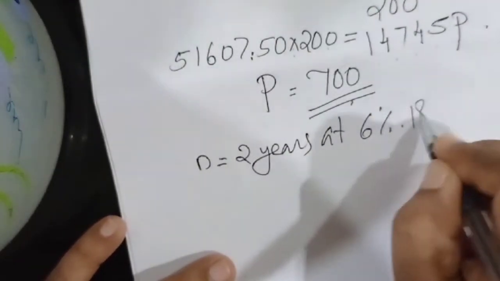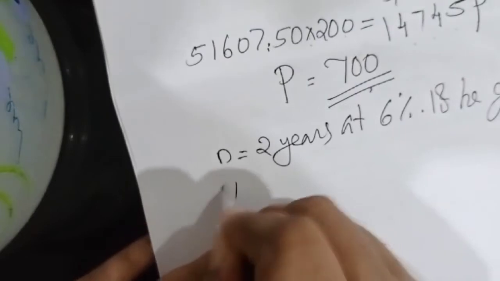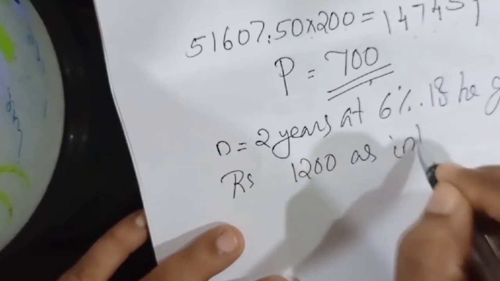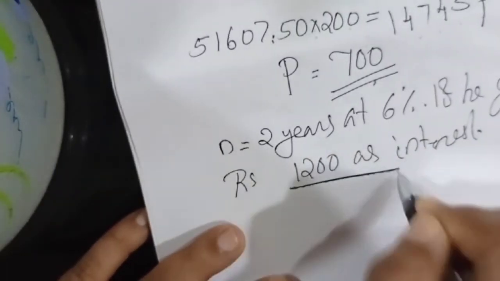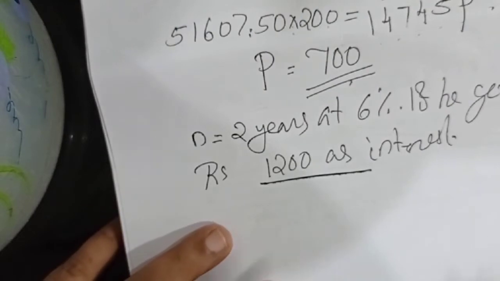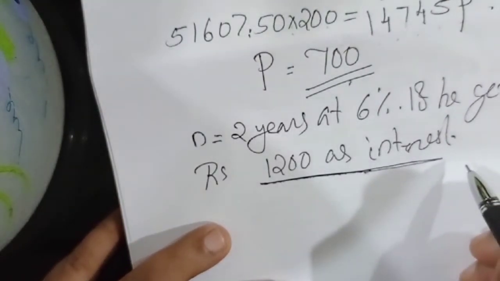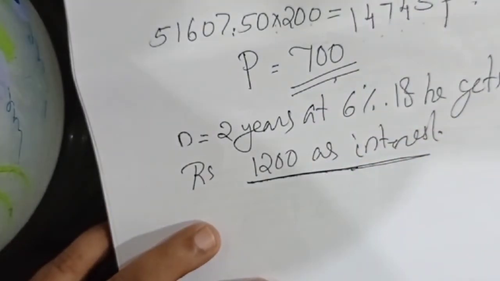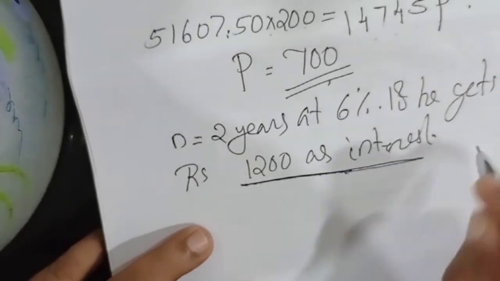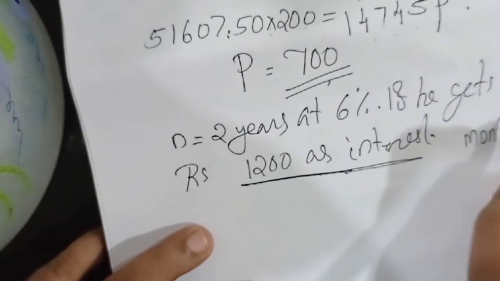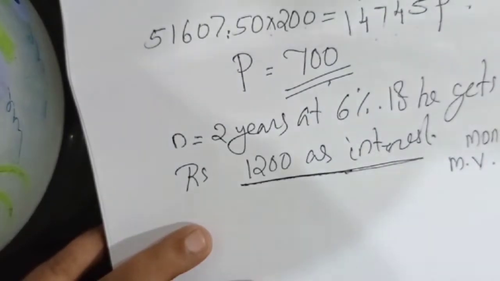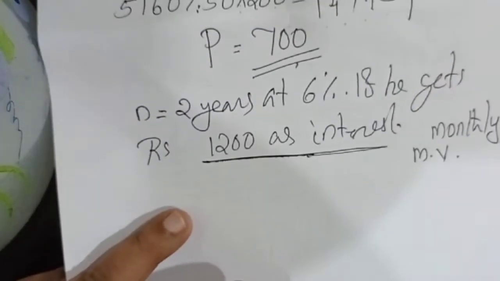If he gets rupees 1,200 as interest, find the monthly installment and maturity amount.